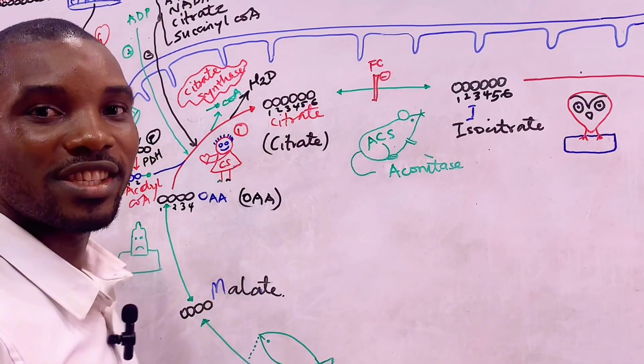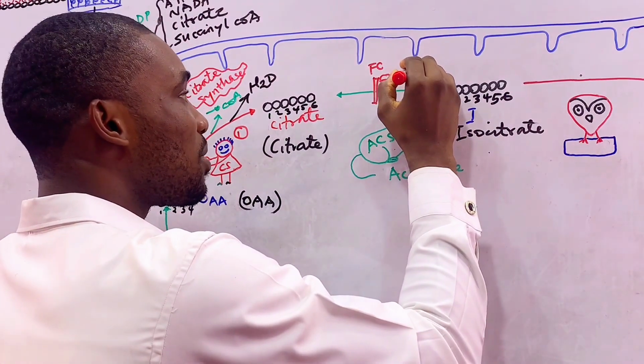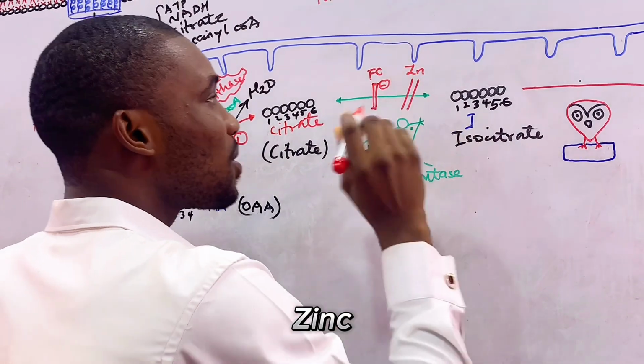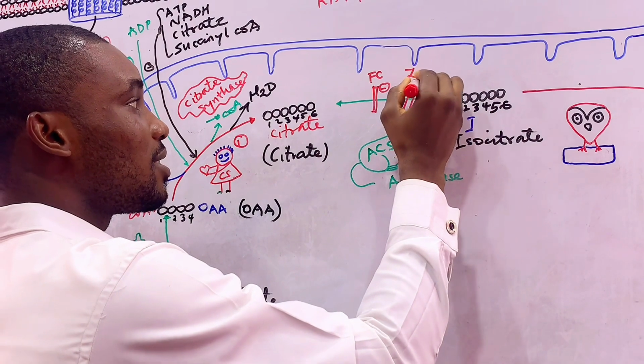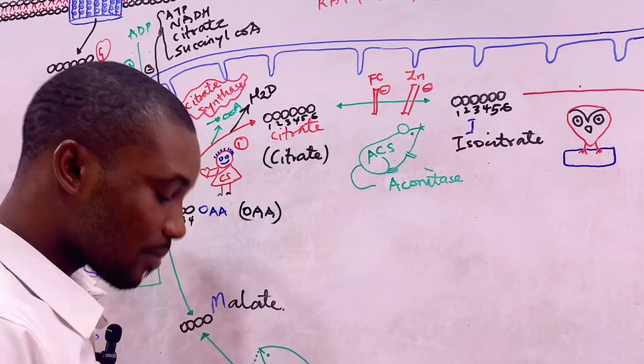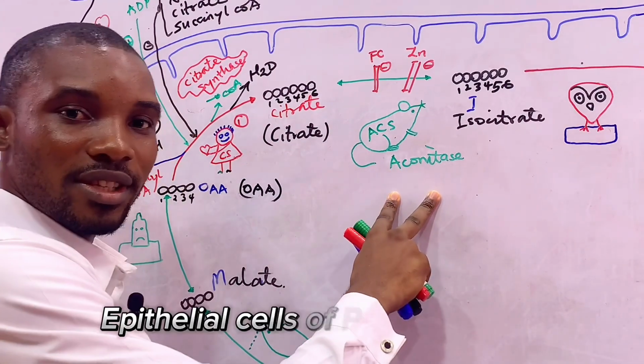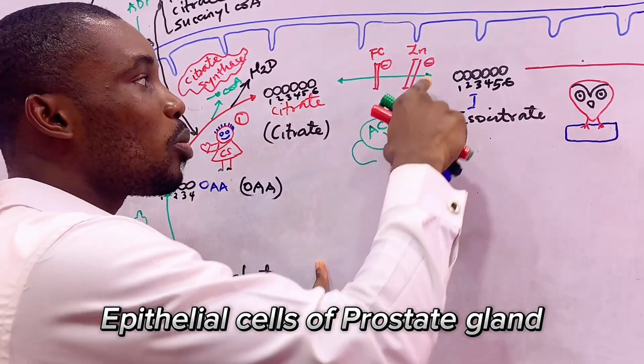What else inhibits this enzyme? This enzyme can also be inhibited by something you all know, zinc. So zinc can inhibit this enzyme. Now, let me tell you something you all should know. In prostate cells, they have so much zinc.